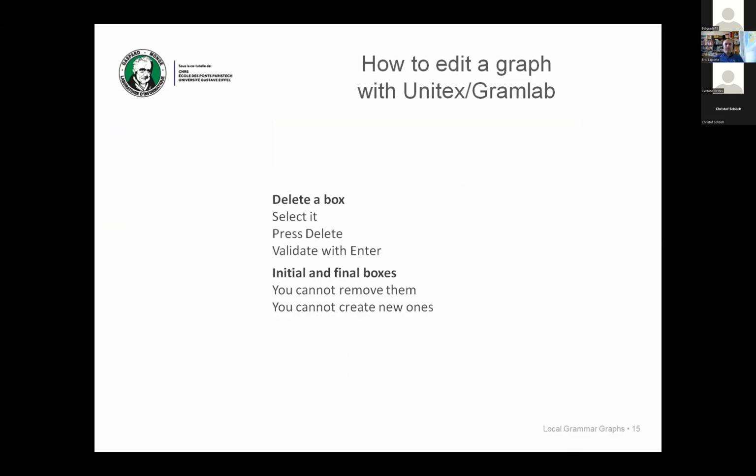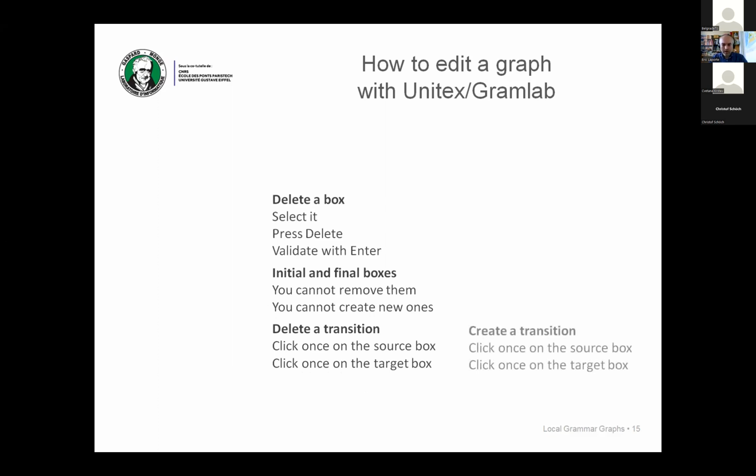The initial and final boxes, which are the initial is the arrow on the left, and the final box is the square on the right. You cannot remove them, and you cannot create new ones, because a graph has to have only one of each. And I already showed how to delete a transition. It's the same steps as to create one. Click once on the source box, click once on the target box, and if the transition doesn't exist, it creates it. If it exists, it will delete it.